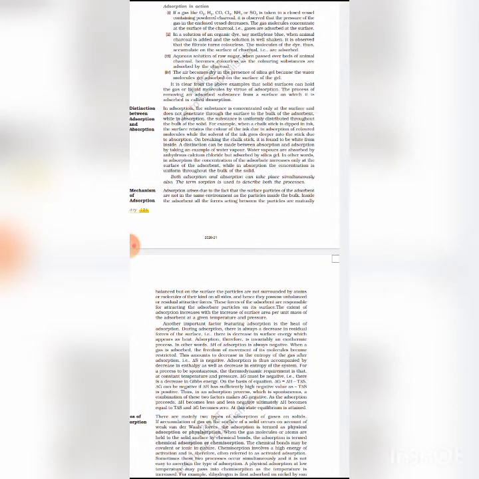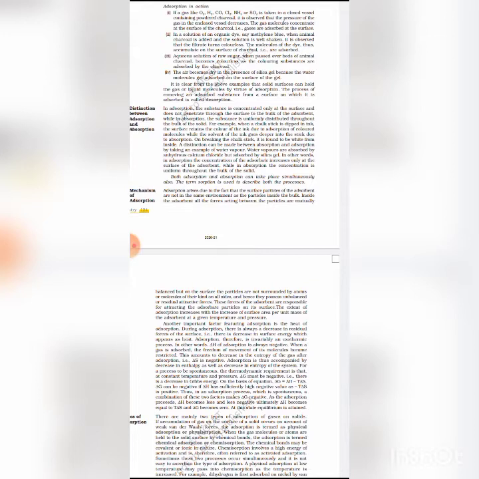Now sorption. Sorption means sometimes the adsorbate dissolves into the adsorbent. Initially the adsorbate appears on the surface of the adsorbent, and later passes into the body of the adsorbent. Thus adsorption changes into absorption.